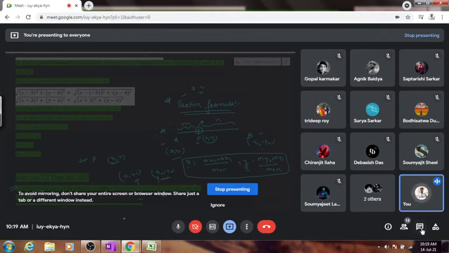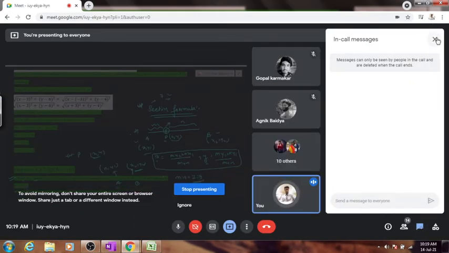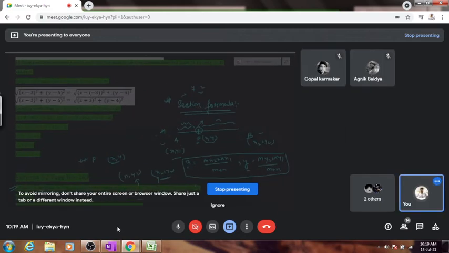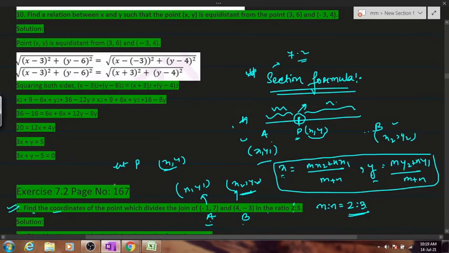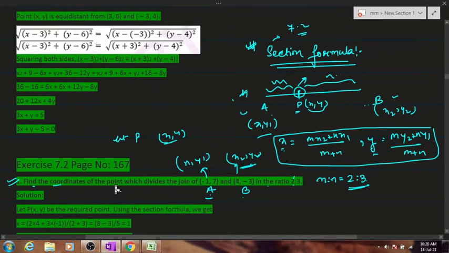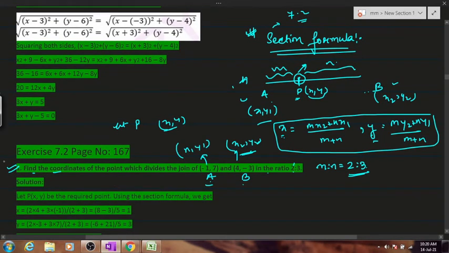No coordinates yet. Hurry up, hurry up. What has happened to 9D? Sorry, 10D. You have to mention all the required things over here.